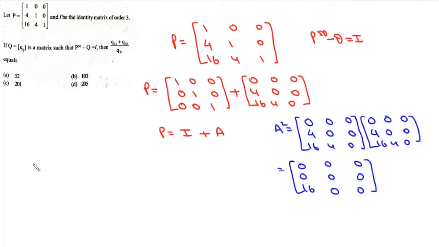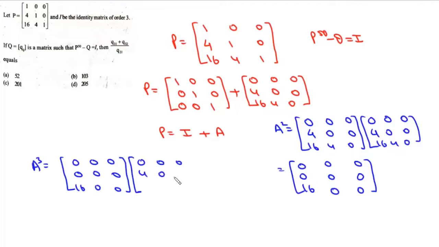Now we find A cube, which will be 0 0 0, 0 0 0, and 16 0 0, and here it will be 0 0 0, 4 0 0, 16 4 0.